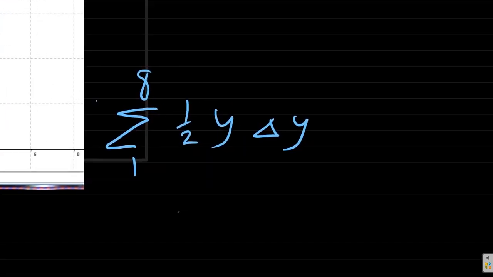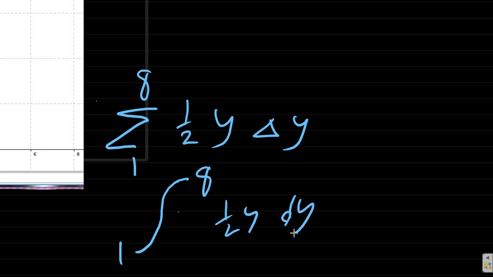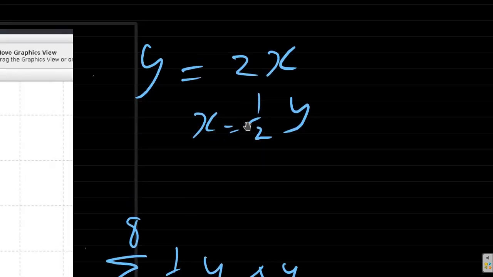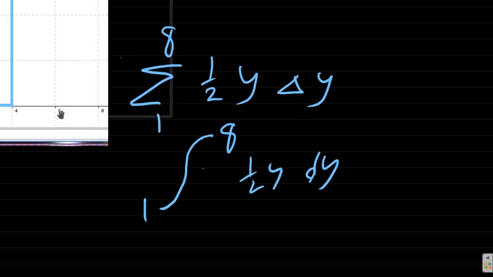They get thinner and thinner. Now, so we have the integral from 1 to 8 of half y dy. Alright? Because we're saying x equal half y. So the area is equal to the integral from 1 to 8 of half y dy.